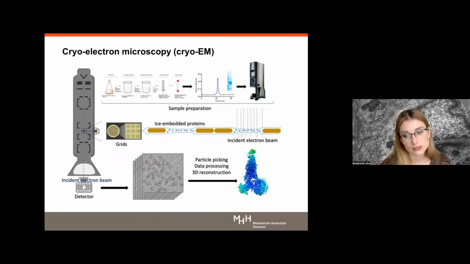Cryo-EM can be applied to purified proteins, for example, frozen in very thin vitreous ice, so that only a single protein is present in any section of the ice, generating an atomic level 2D picture of that protein.